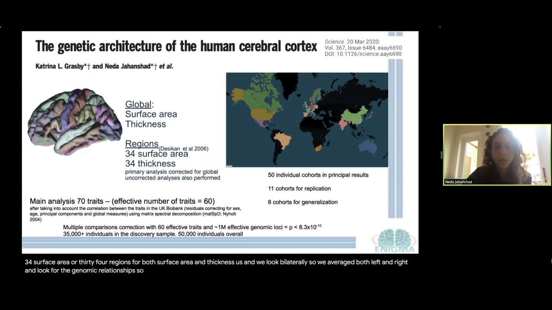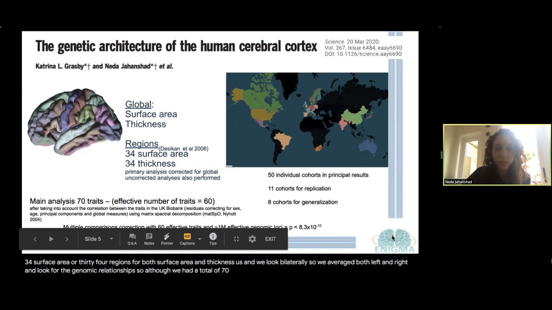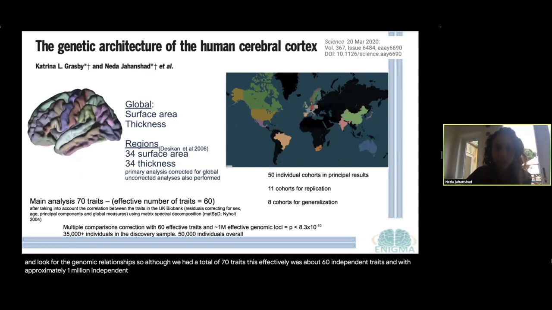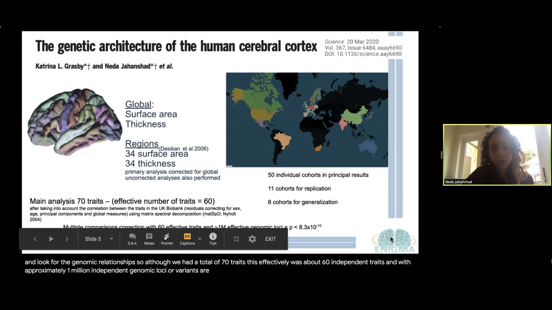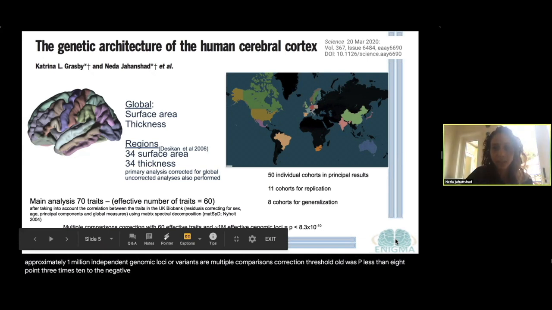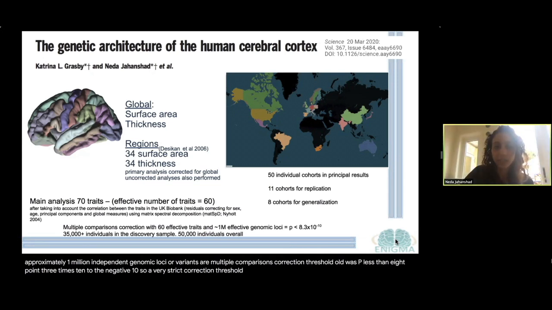Although we had a total of 70 traits, this effectively was about 60 independent traits. With approximately 1 million independent genomic loci or variants, our multiple comparisons correction threshold was p less than 8.3 times 10 to the negative 10th. So a very strict correction threshold is needed for these univariate tests.